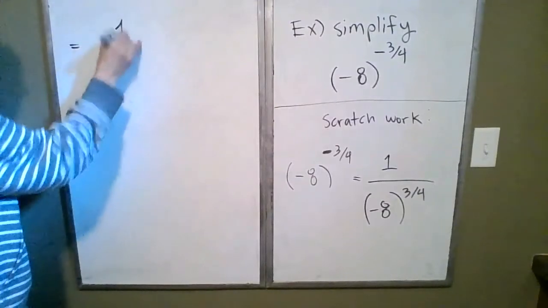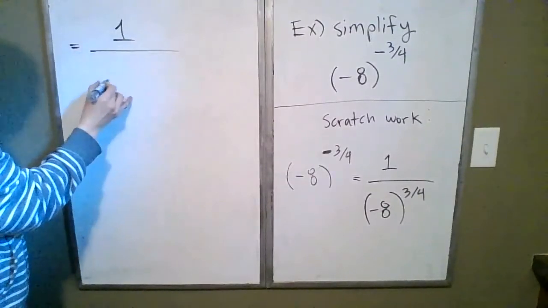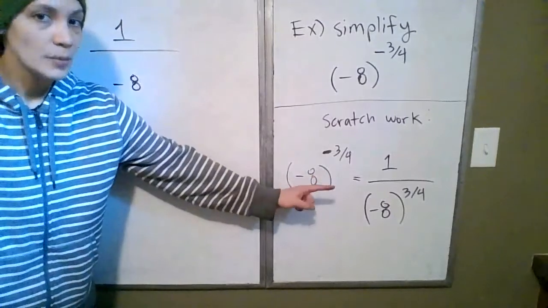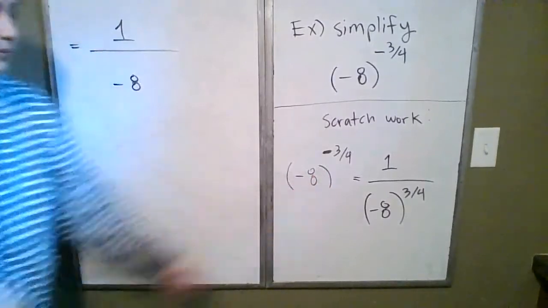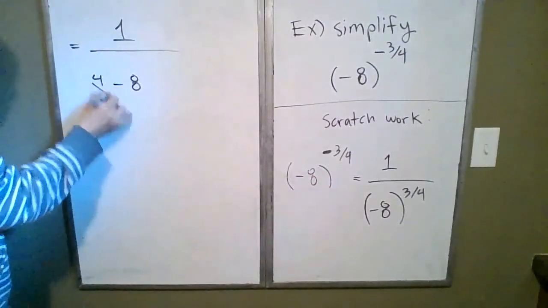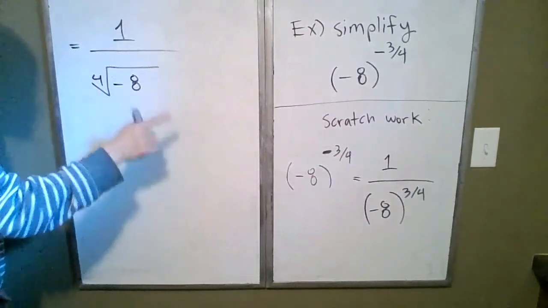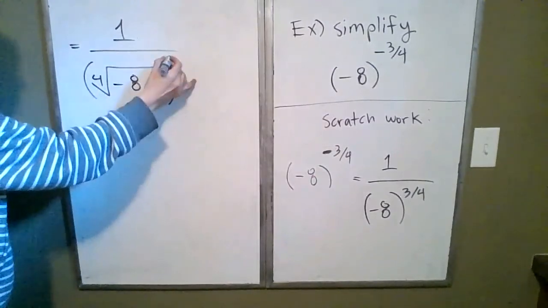We're at 1 over negative 8, and you use the denominator as your root, so it's a 4th root. You can have negative 8 cubed, or you can have all of this cubed on the outside.